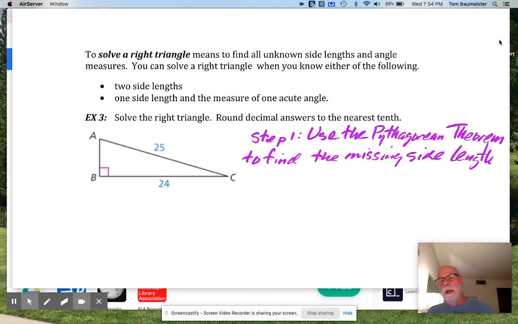All right, now I know the Pythagorean Theorem, we're always saying a squared plus b squared equals c squared.